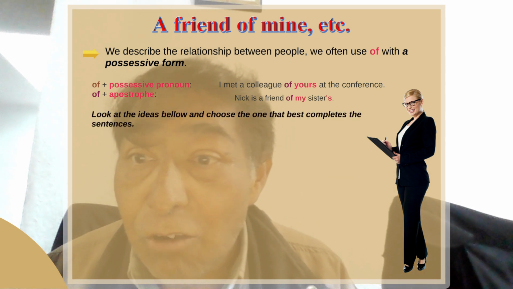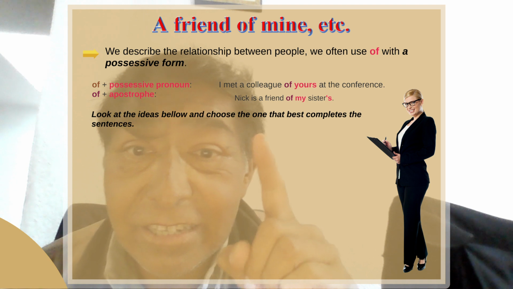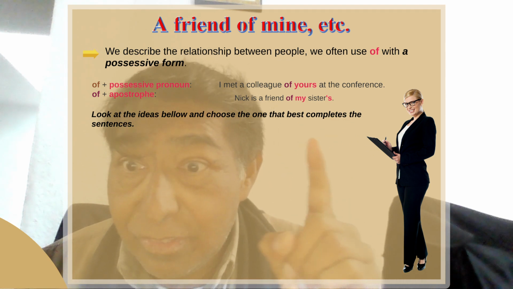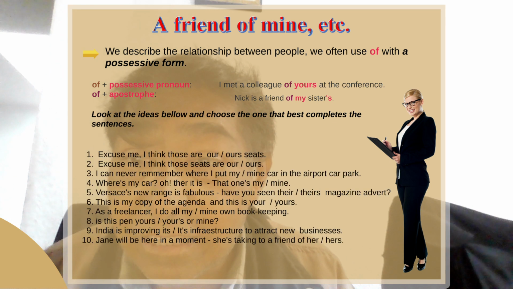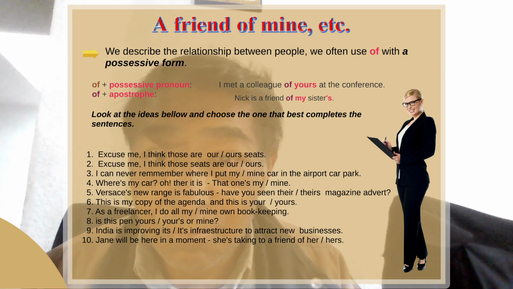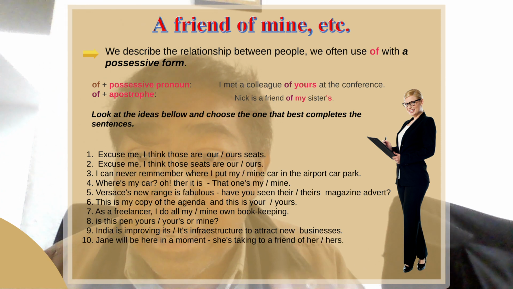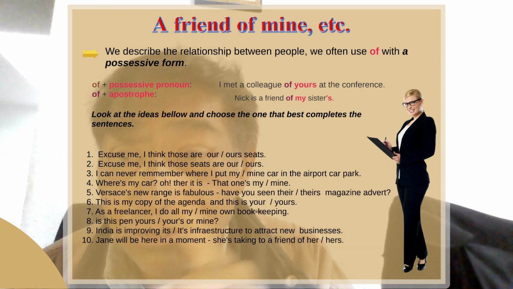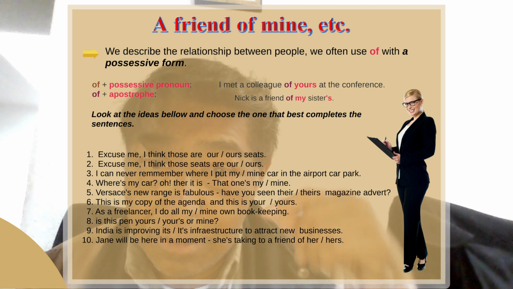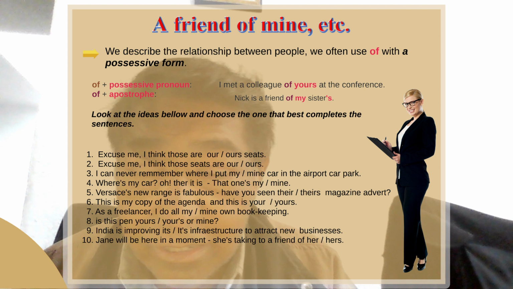Okay, now look at the following ideas and choose the best option that completes the sentences. So do these activities, please. You can take a screenshot and send it to me via the platform.